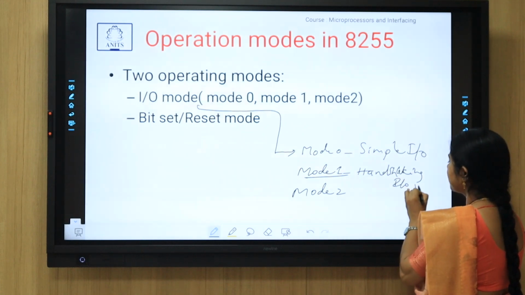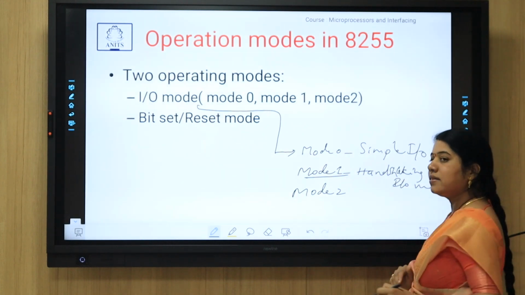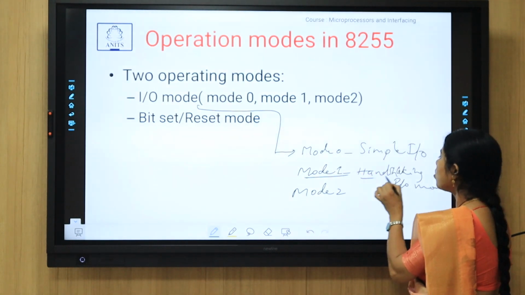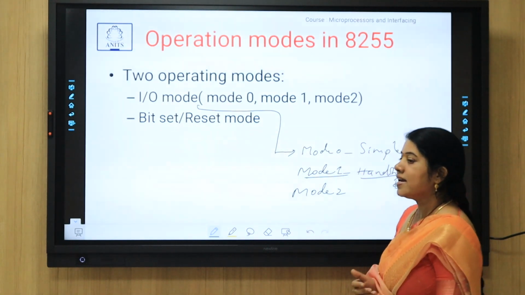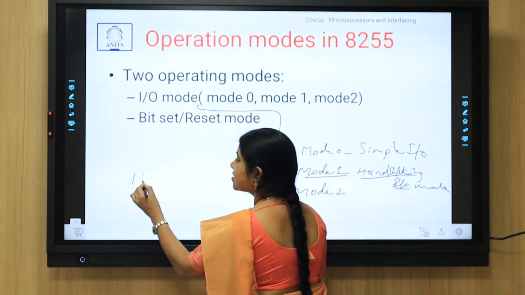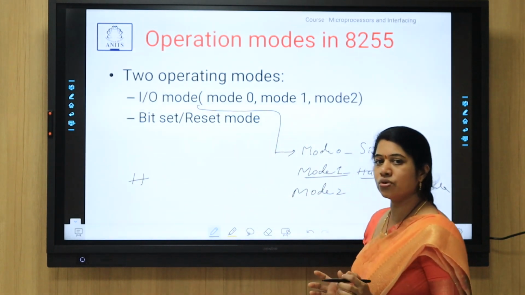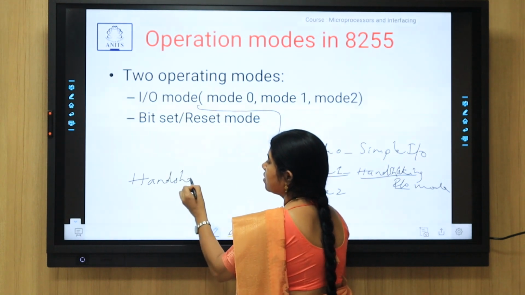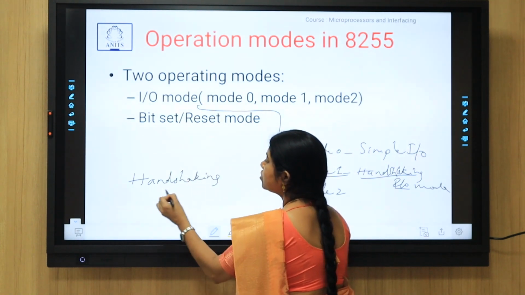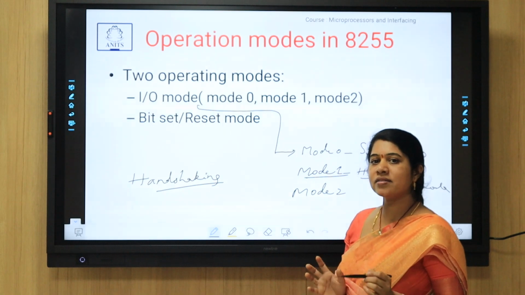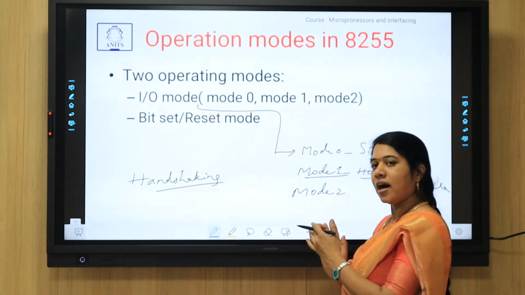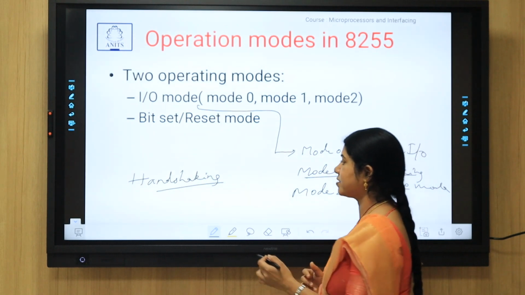This mode of operation is based on the handshaking signals. Handshaking signals are the signals used to control the data transfer, to provide mutual understanding for exchanging information between the 8086 and the input-output devices.